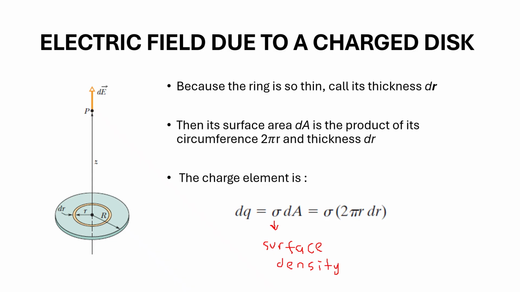So dA is the area of the circle. You have circumference given by 2 pi r. dA is the product of circumference and thickness.